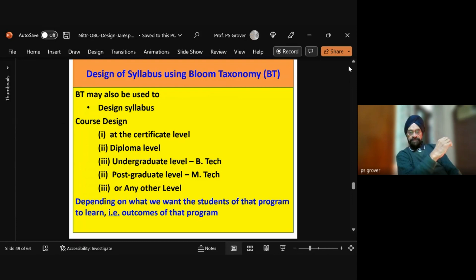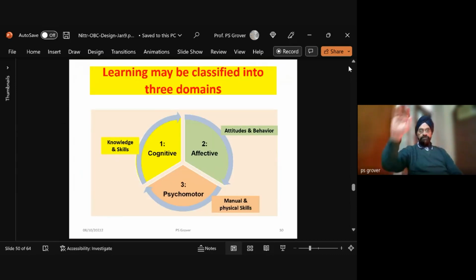When I say design a syllabus using Bloom taxonomy, the syllabus is a very integral part of the curriculum. So, course design at certificate level, diploma level, undergraduate level, postgraduate level, and so on, depends on what the student of that program is to learn, the outcomes of that program. Now, see here.